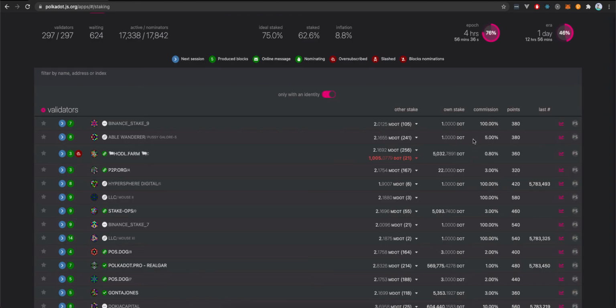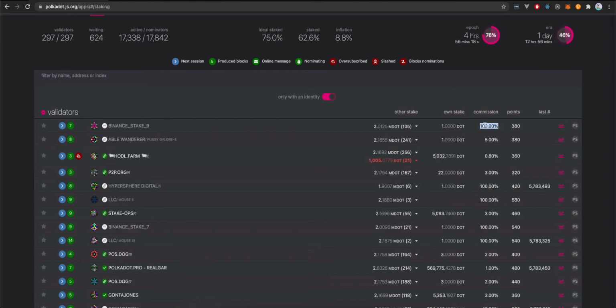Another important thing is the commission. The commission is super important since this determines how much payout you are going to receive. Let's say for Binance itself, the commission is 100%. If you're investing in the Binance validator, you're going to get absolutely nothing. The formula is that you subtract the commission from the amount you stake.